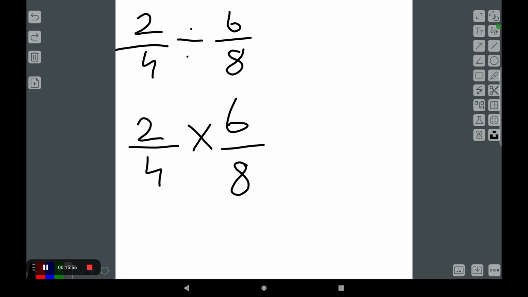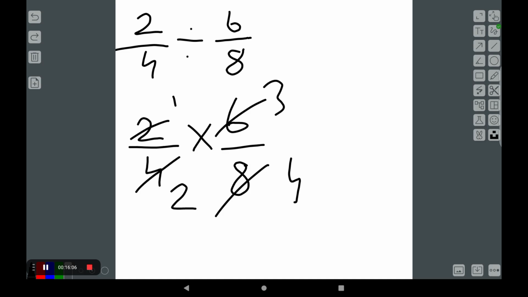So here 4 will be cut by 2, 2 by 1, 6 by 3, and 8 by 4. And again 2 by 1 and 4 by 2. So now let's calculate the answer.